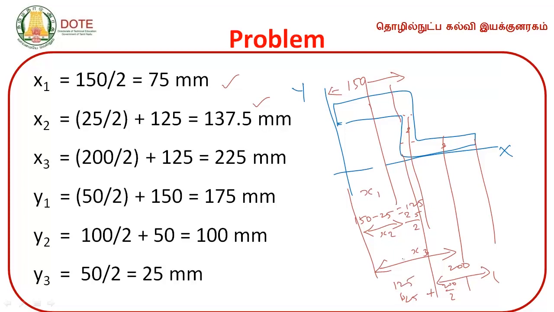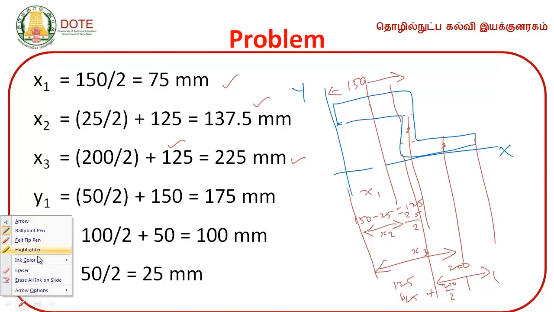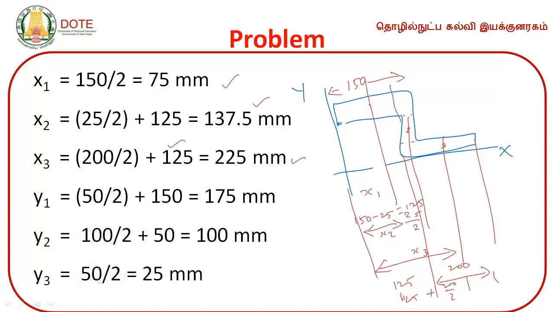So 125 plus 200 by 2, this is going to be 225 mm. Similarly, we can calculate for Y1.